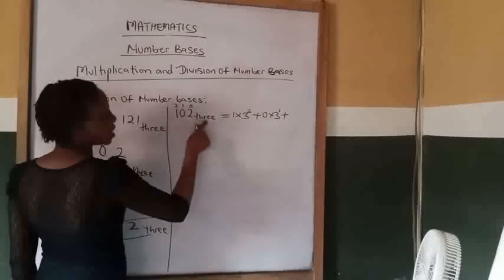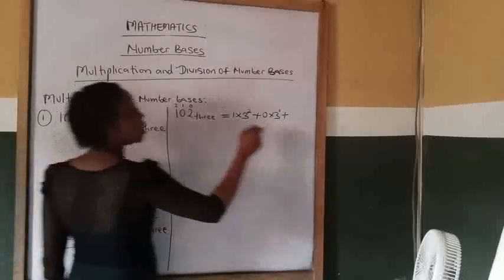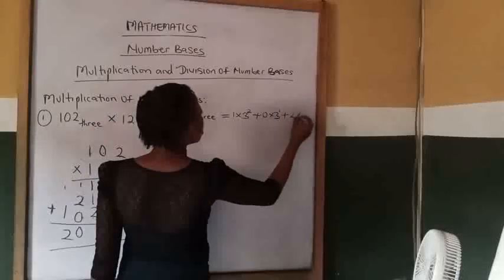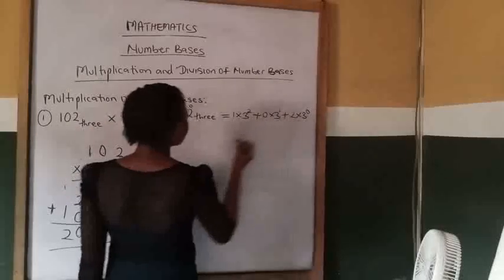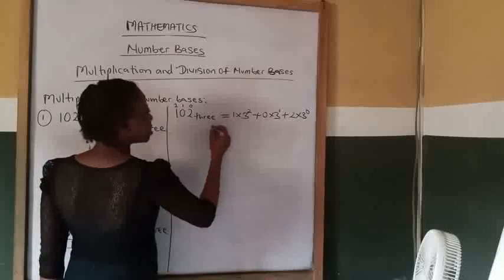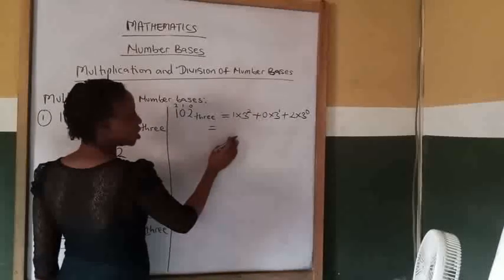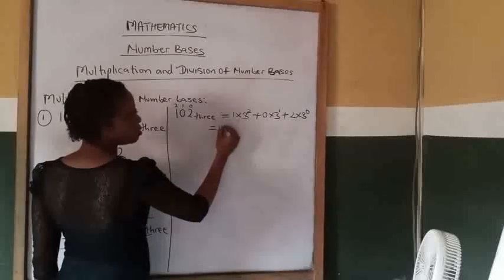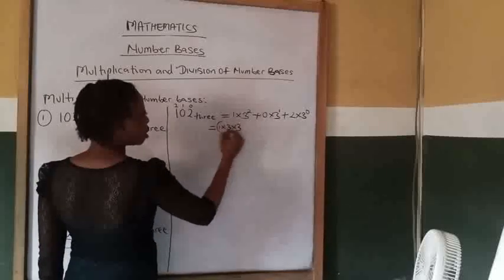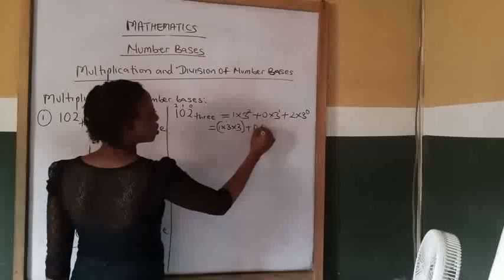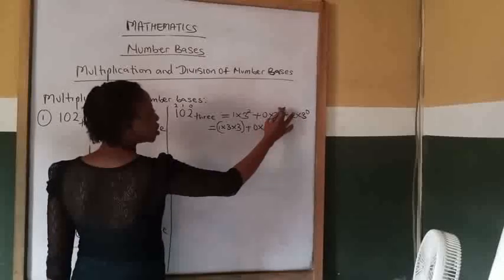That is your digits times base to the power of your place value. So 3 raised to power 2 is 3 times 3, so 1 times 3 times 3, plus 0 times any number raised to power 1 is that number.